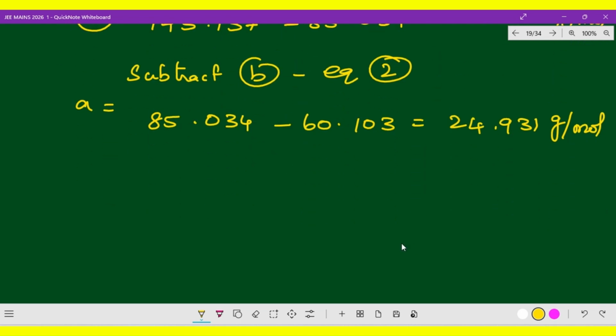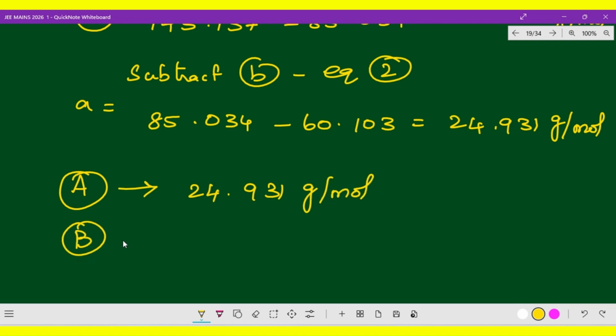Okay, so very clearly I just mentioned here: A is 24.931 gram per mole and B is 60.103 gram per mole.